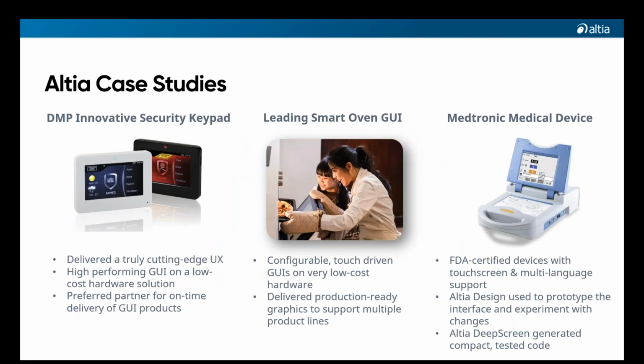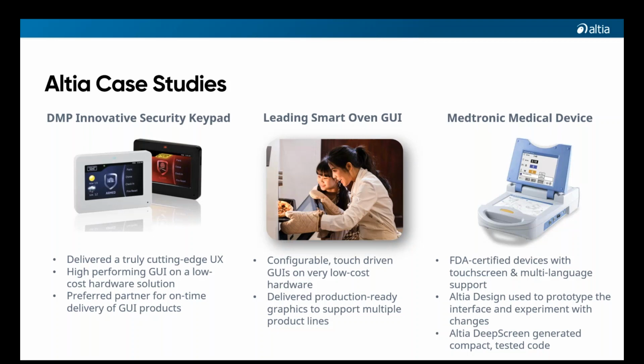All right, real quick discussion on some quick case studies. First with DMP. Altia enabled a skinned UI that was fully integrated into DMP's high-end and flexible security and smart home system. It provides the core user interface for their entire system. Over in the smart oven or white goods category, this was brought to life on a low-cost device.